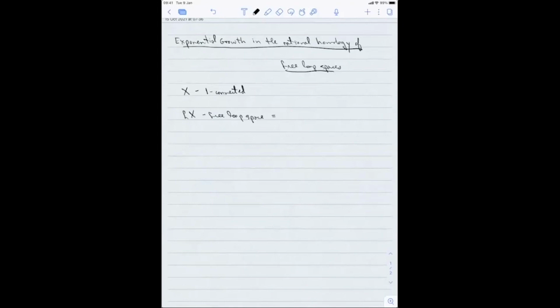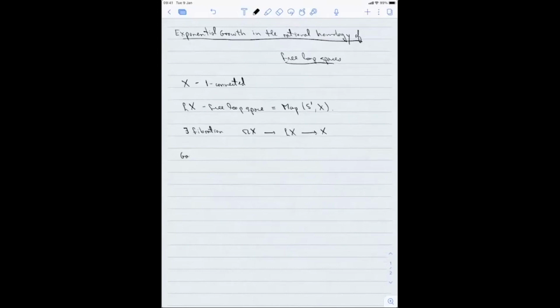So literally, this is the unbased maps from the circle into X. There's always a fibration where you start with the free loop space and evaluate any one of the loops at the base point of X to get a point in X, and the fiber would be the based loops on X.